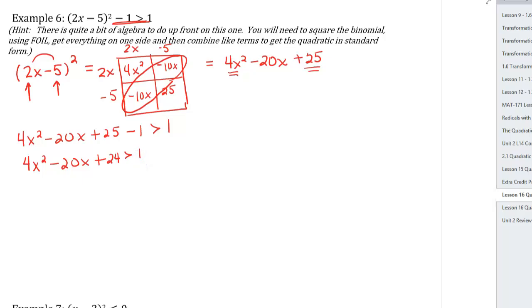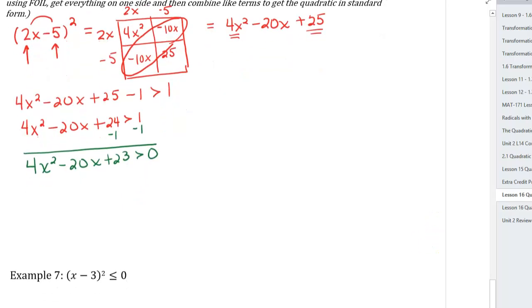And then if I subtract 1 from both sides to get 0 on one side, my cleaned up version is going to be 4x squared minus 20x plus 23 is greater than 0. So now I'm ready to find the boundary numbers.